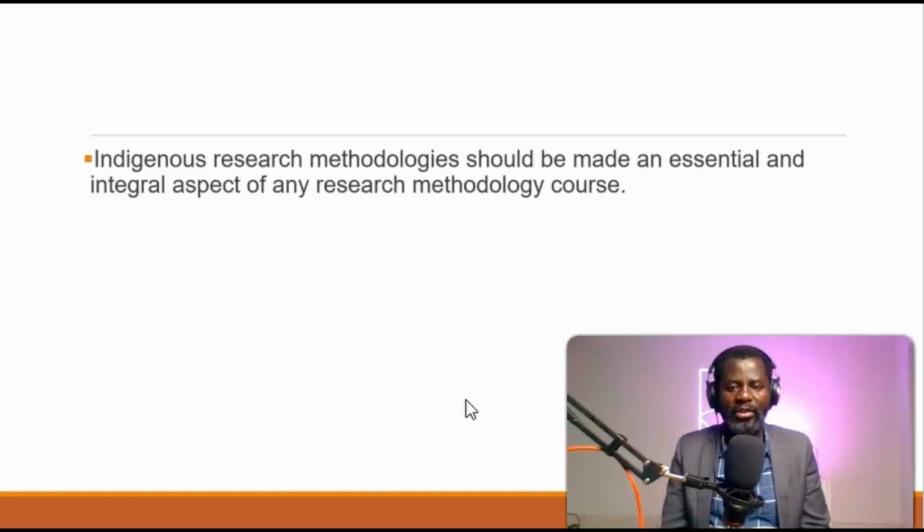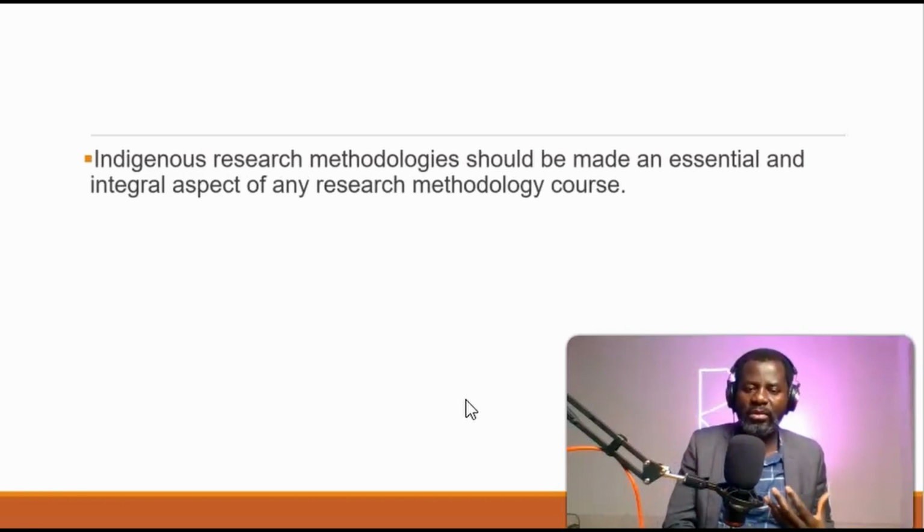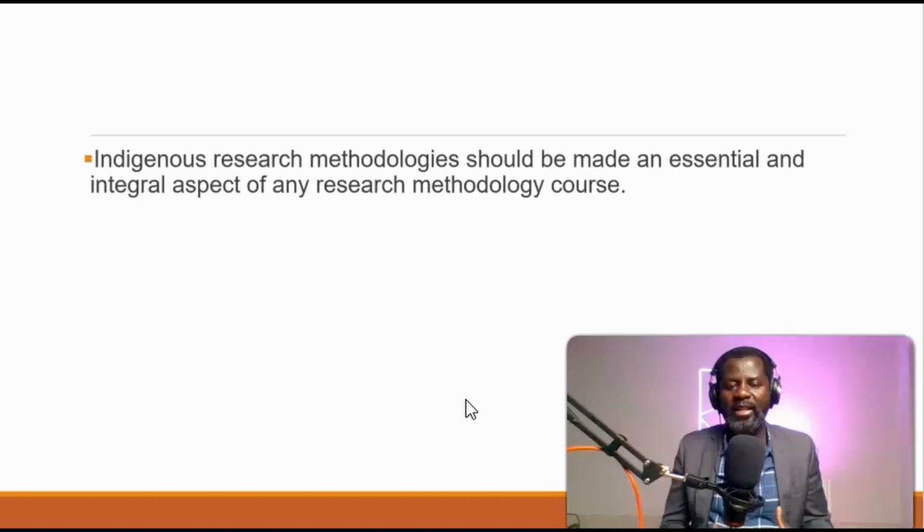Indigenous research methodologies should be made an essential and integral aspect of research methodologies courses. So when we offer research courses in universities, let us involve indigenous research methodologies so that students can start learning at an early stage.